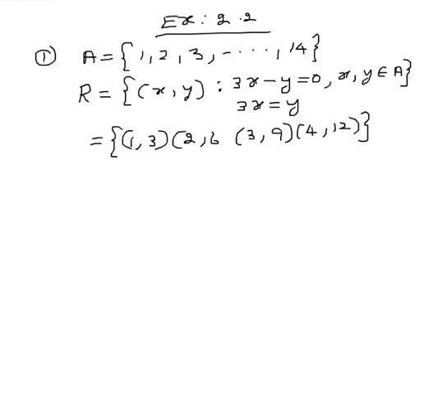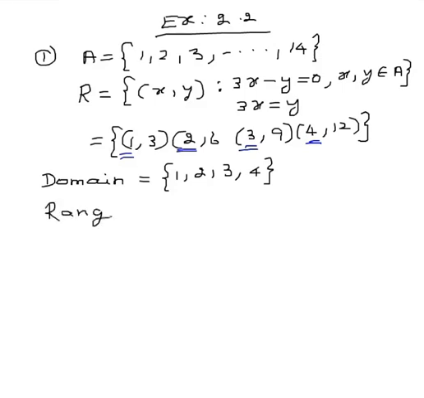Now write down its domain. Domain is the set of all first elements, the set of all inputs, which are 1, 2, 3 and 4. Then let us write the range.